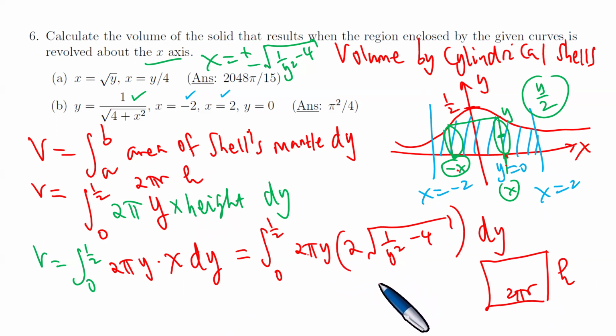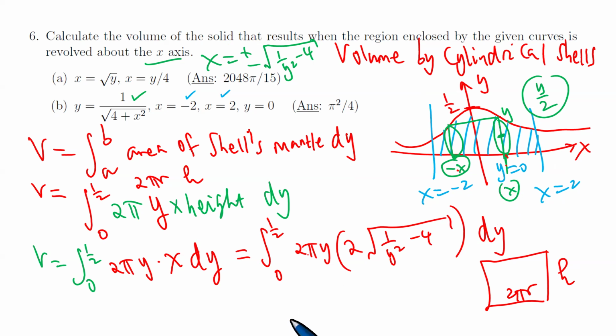So what are you going to have here? What would the height be? The height is going to be exactly 2x. Because it's minus x and then x, it's 2x.